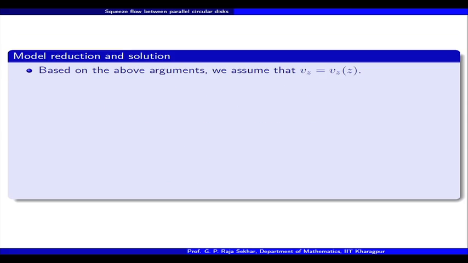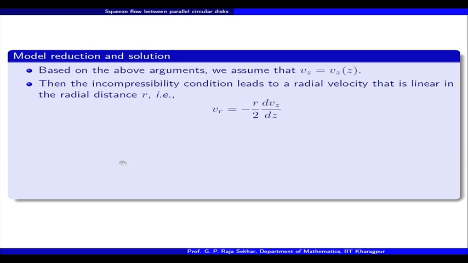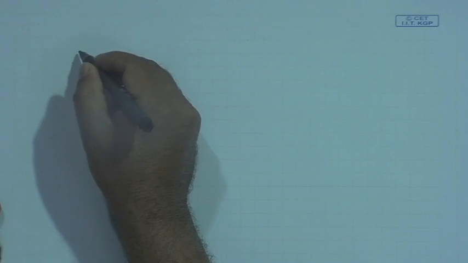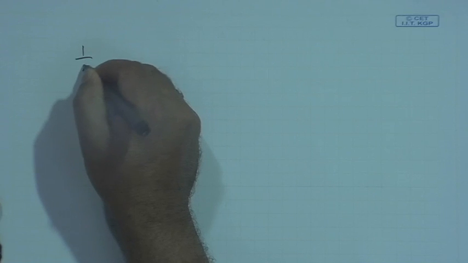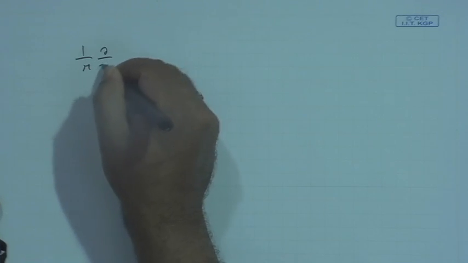Now under this assumption, how does the model get reduced? From the above arguments, we have already concluded that axial velocity is a function of z alone. Then from incompressibility, that is conservation of mass, the equation of continuity, we can obtain this. This is very straightforward. We have the reduced conservation equation under axisymmetry.